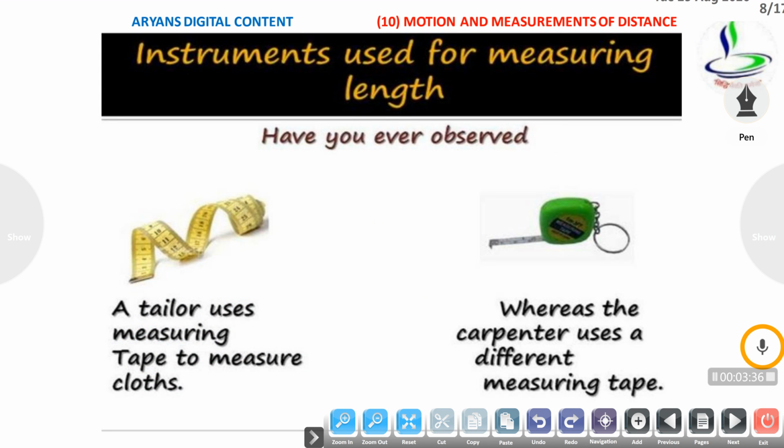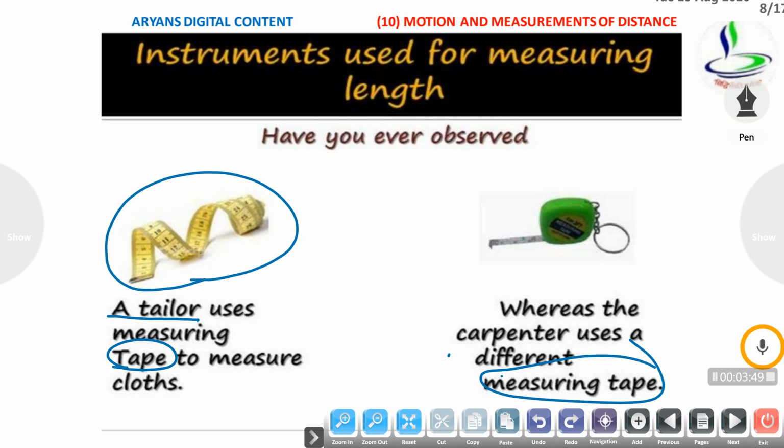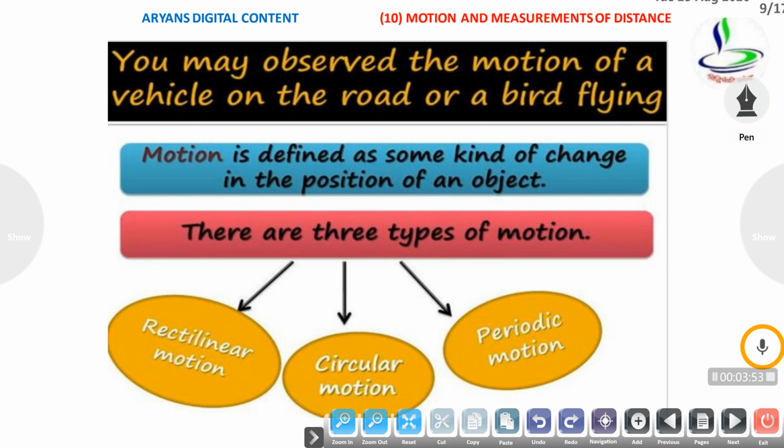Instruments used for measuring length, have you observed? A tailor uses a measuring tape, which looks like this, whereas a carpenter uses a different measuring tape, which looks like this. You may observe the motion of a vehicle on the road, a bird flying.